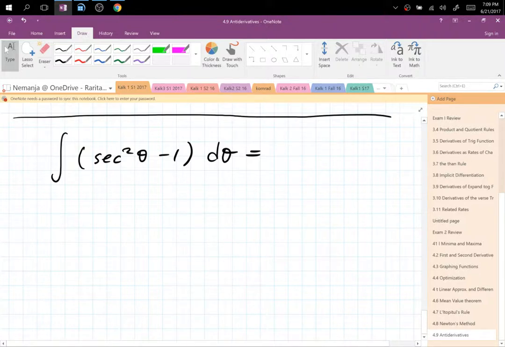Well, it's not tan squared, it's just tan. Tan minus theta. Which derivative gives secant squared? The derivative of tan is secant squared.